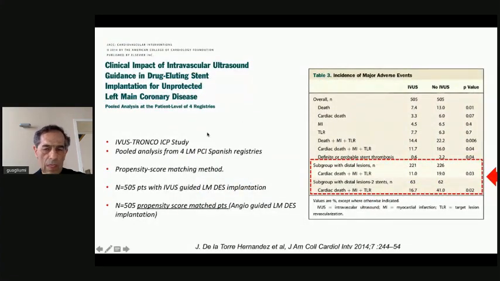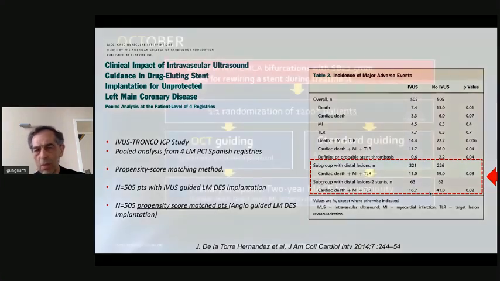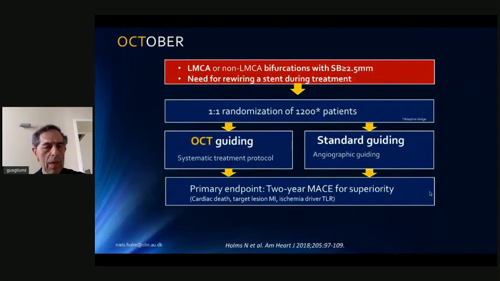And we know already from IVUS that if you want to gain benefit from imaging, this is the setting where we can use it much more intensively. The distal lesions with a plan for 2 stents are the ones where you can see more clearly the difference in terms of outcome and major events compared to angio guidance.